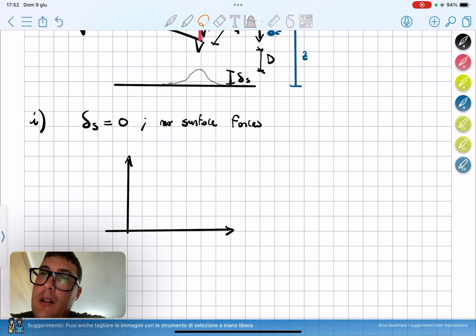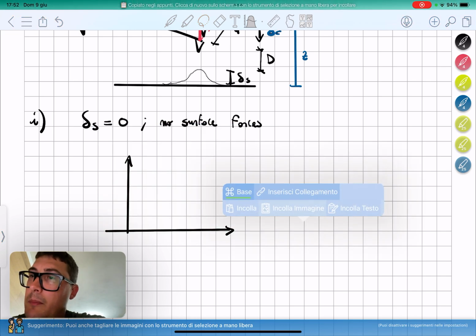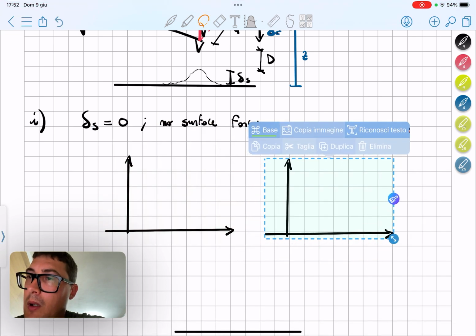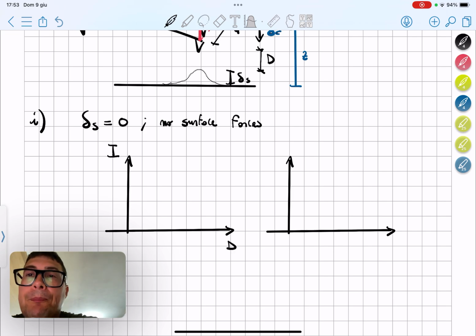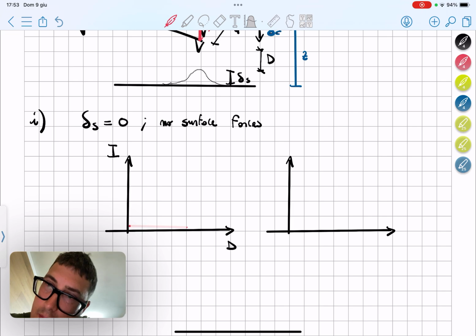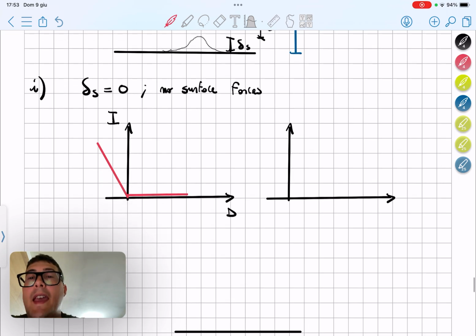First, we can think about making some plots: the intensity and the distance. In this first regime, what we have is almost like this, perfectly flat, so no current measured, I equal to 0 for different distances. At a certain point, there is a linear behavior of the intensity of the current with respect to the distance.